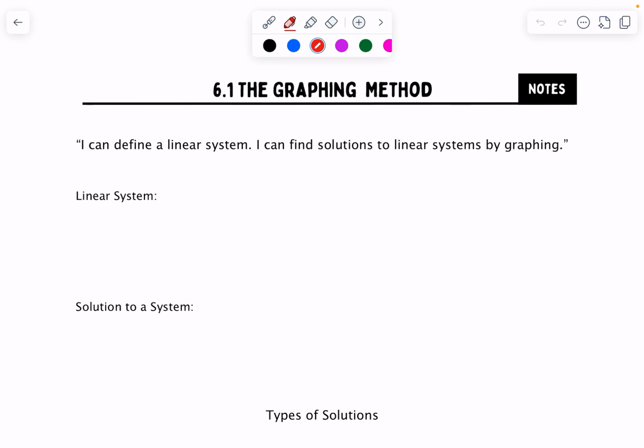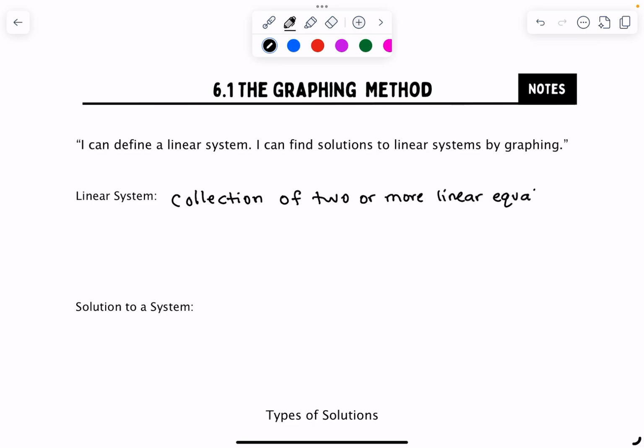A linear system is a collection of two or more linear equations that share variables.